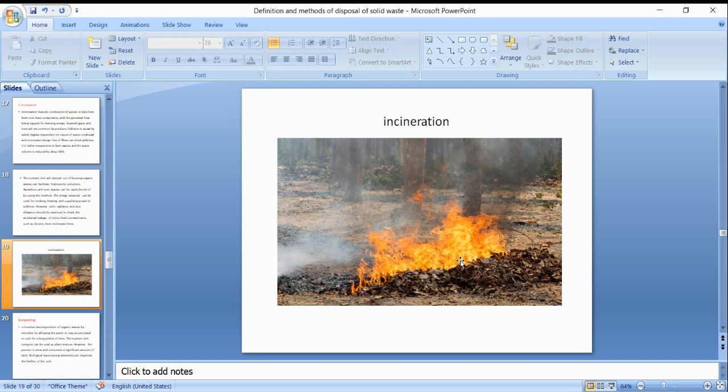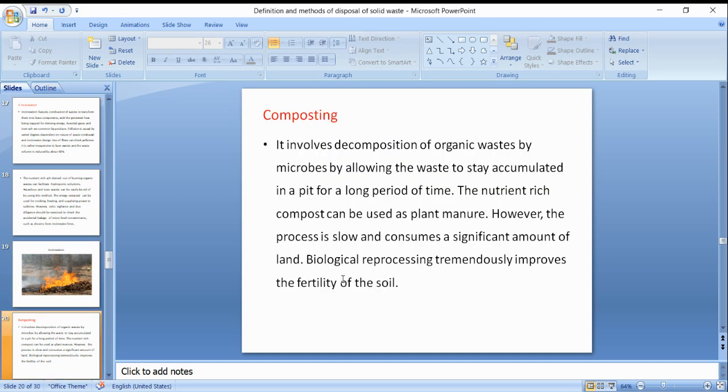After burning, it is formed as ash. That black colored ash can also be used. So 90% of the volume can be reduced by burning the waste.